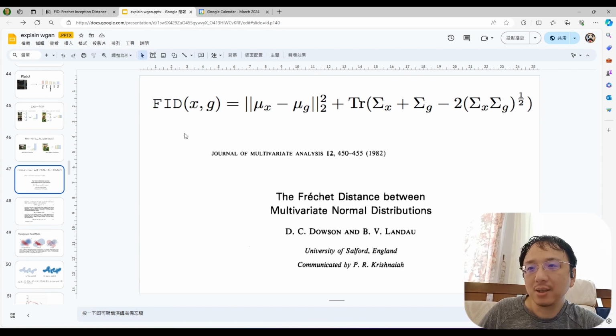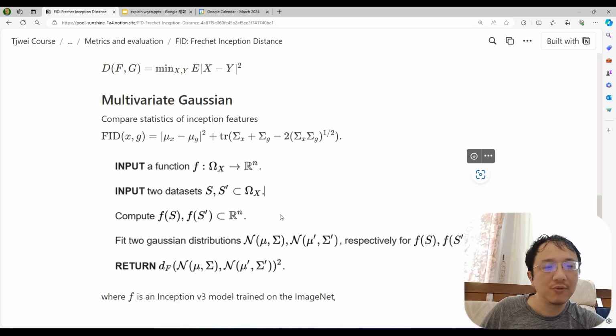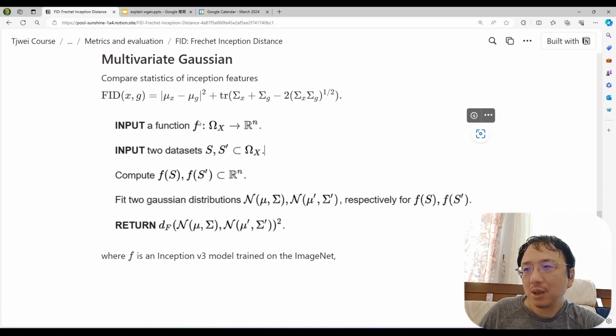So what is the FID, Frechet inception distance? First, we feed the images into a function. The function is in fact a model, an inception V3 model trained on ImageNet.